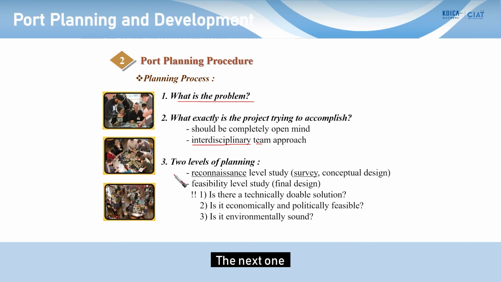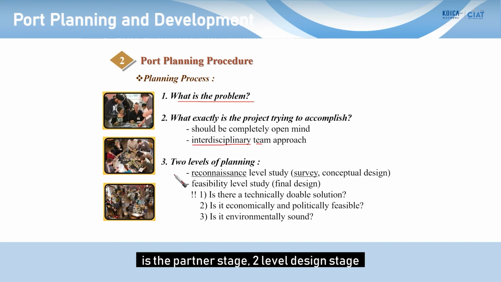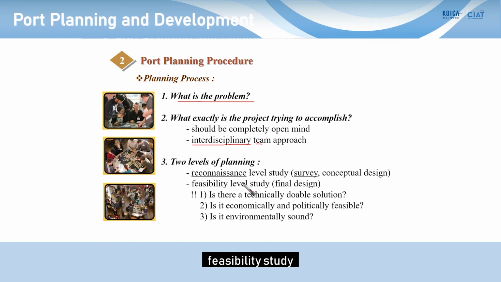The next one is the final stage, the 2-level design stage, survey and feasibility study. That is a conceptual design stage and final design. In this stage, we have to ask ourselves, is there a technically doable solution?